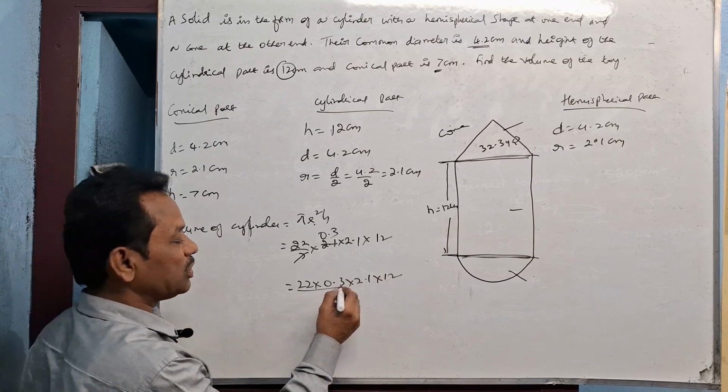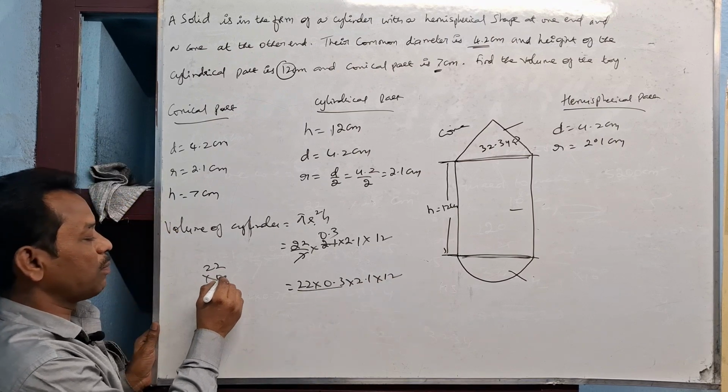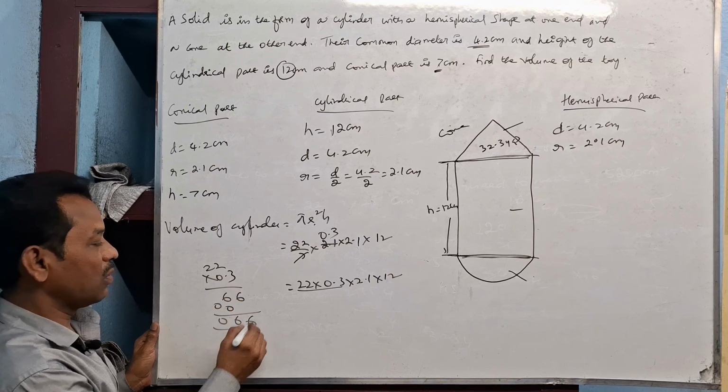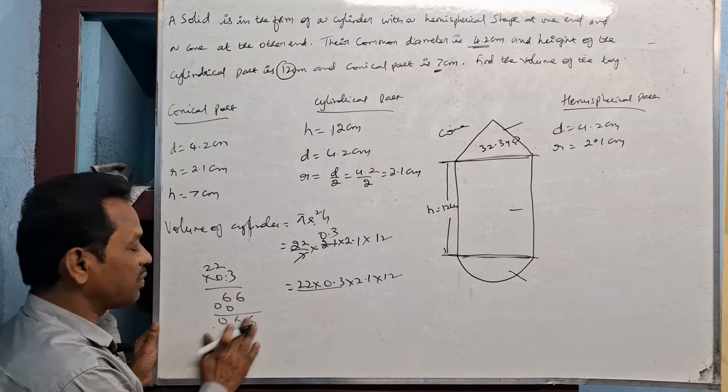Now let us multiply. 22 into 0.3 is 6.6.